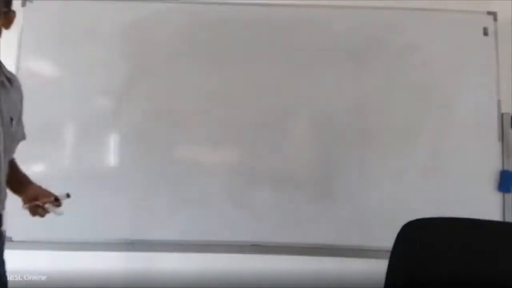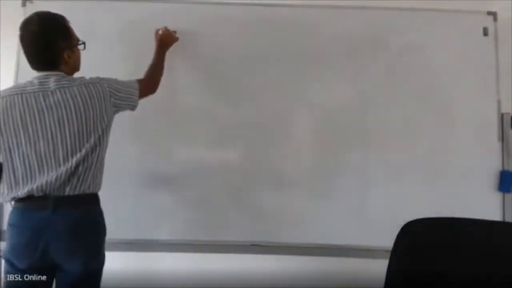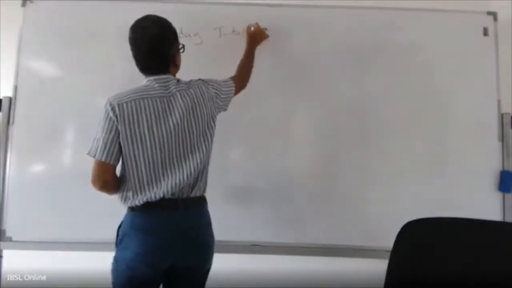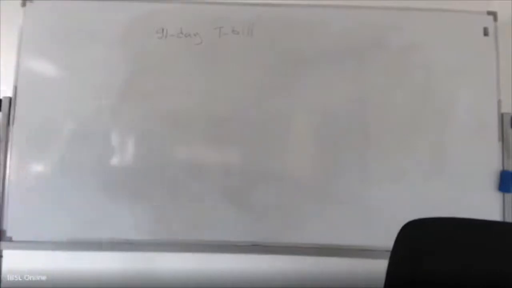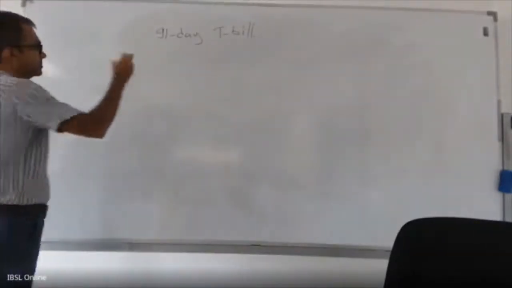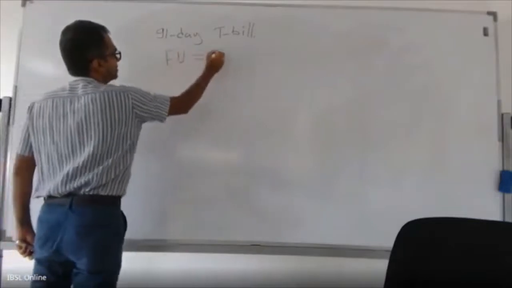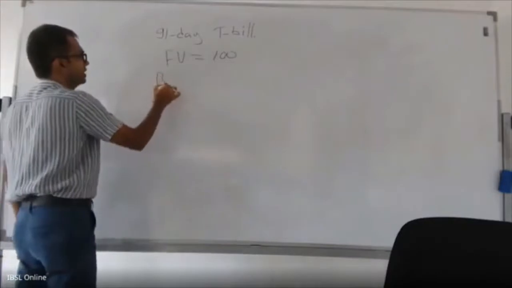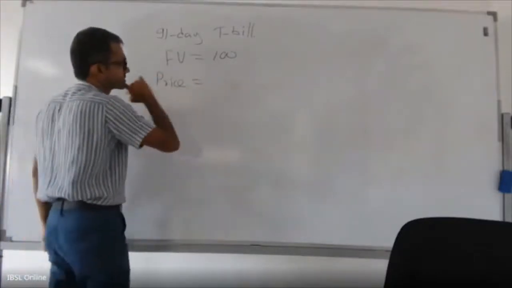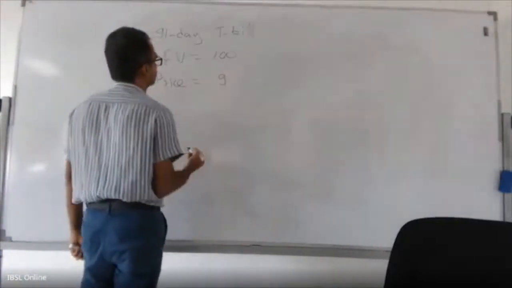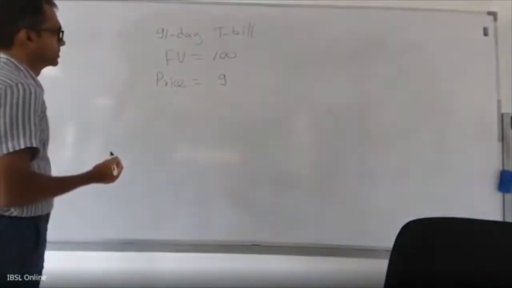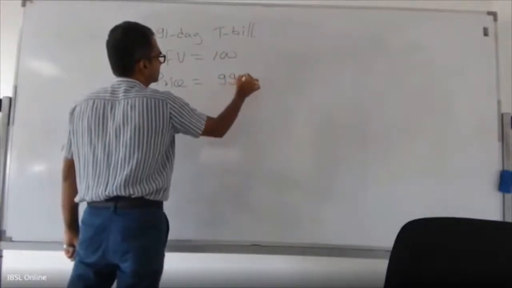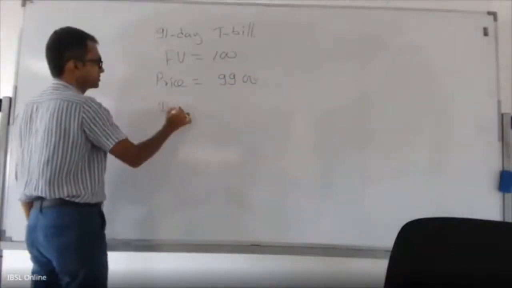Now tell me, 91-day treasury bill. For simplicity, we assume face value is 100. The price you paid is 99. What is the discount?